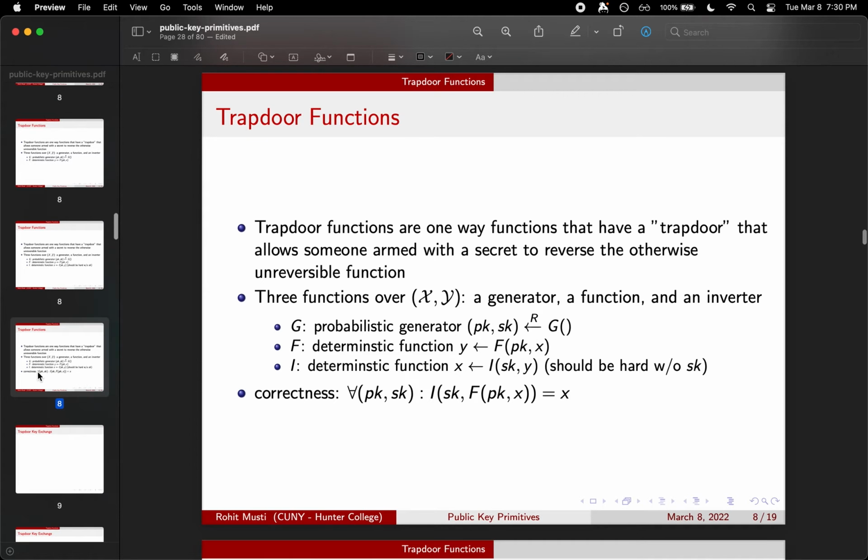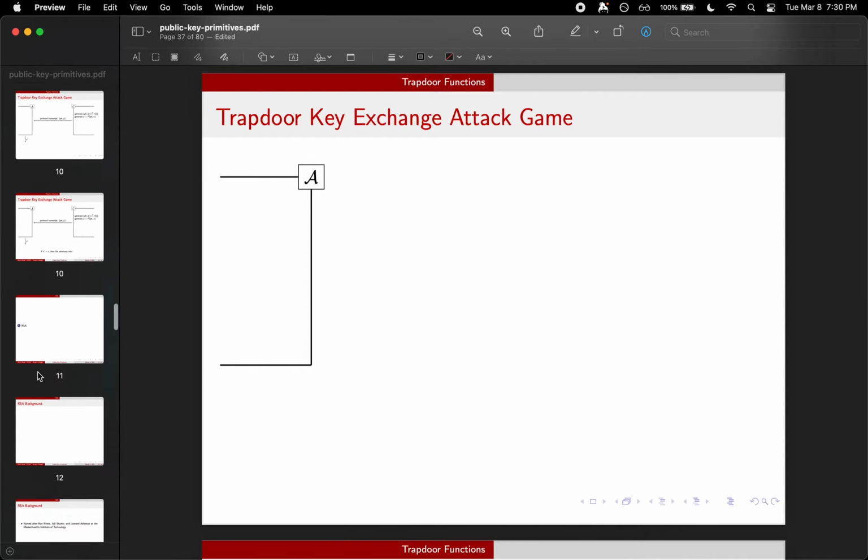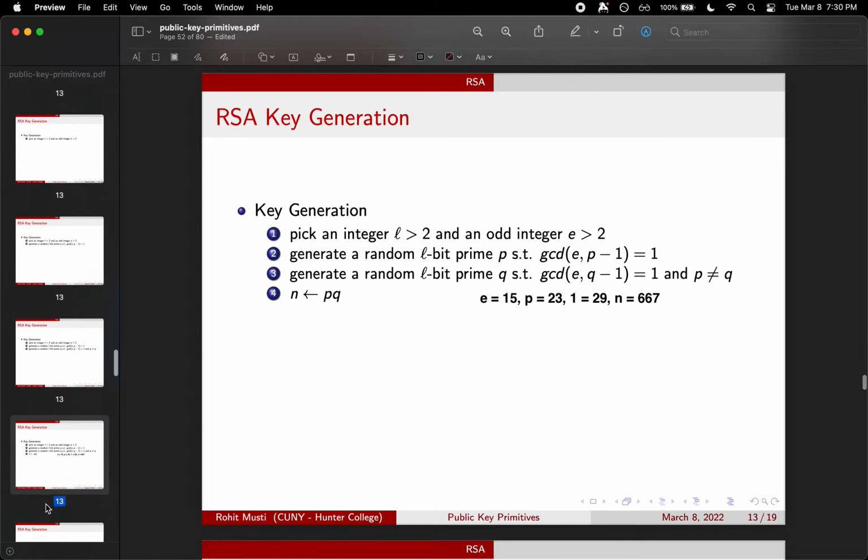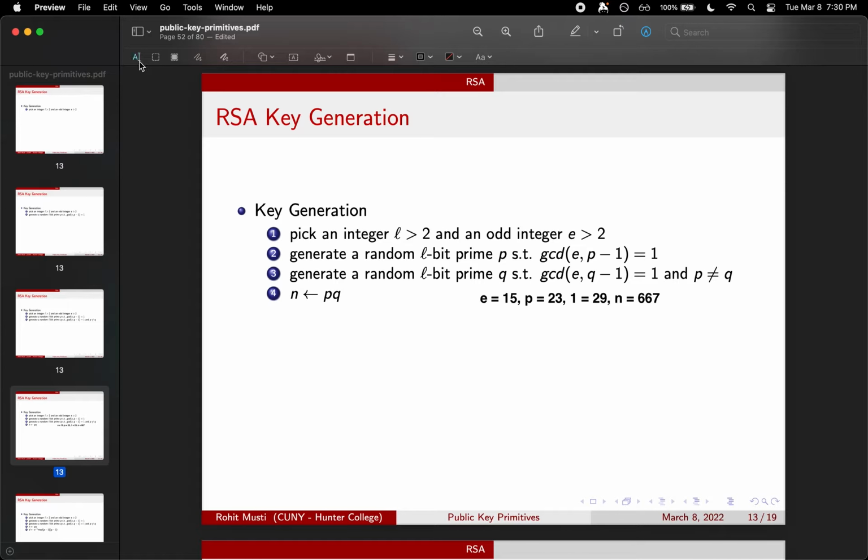And just a reminder that L over here is just the length in bits of the prime. So if L equals 5, then we're limited to five bits.